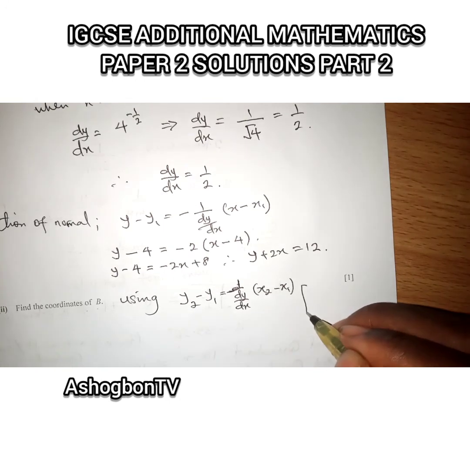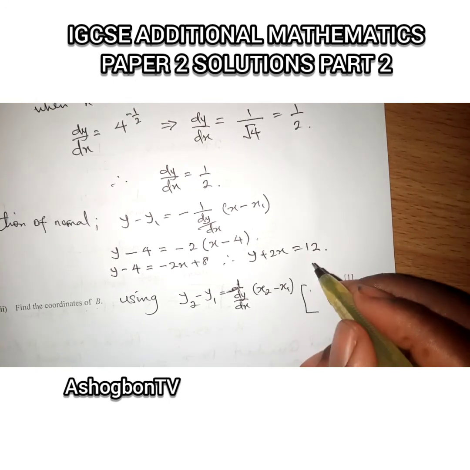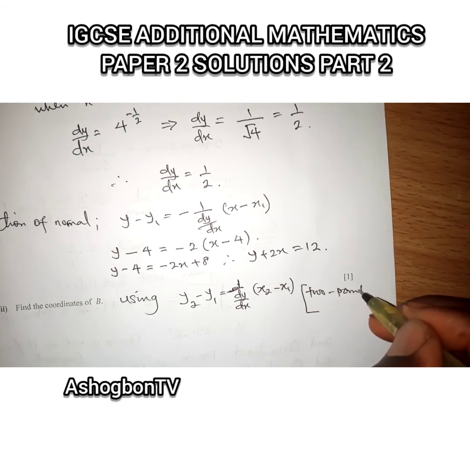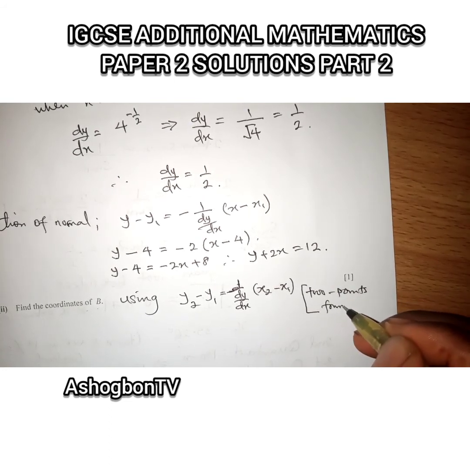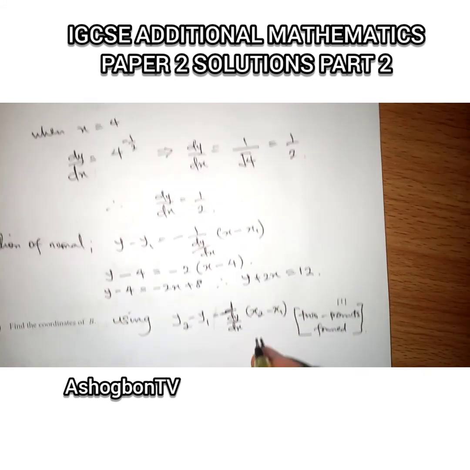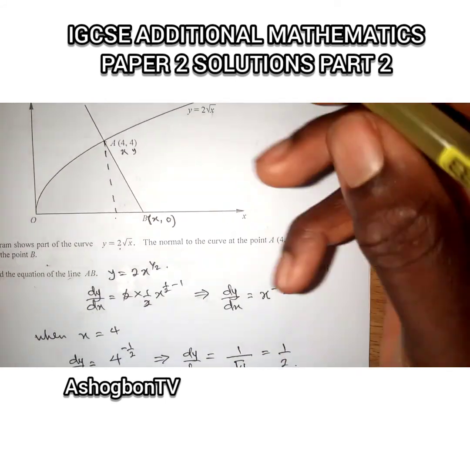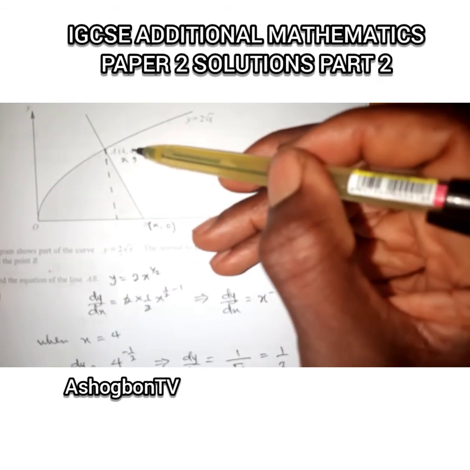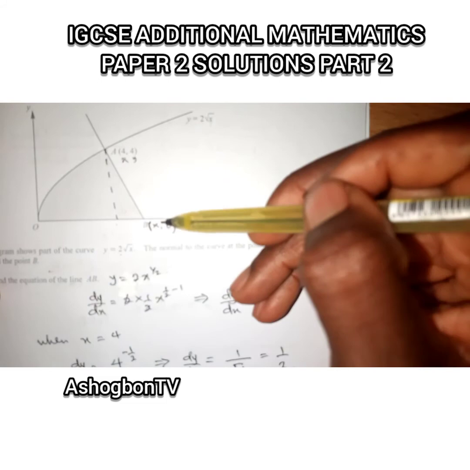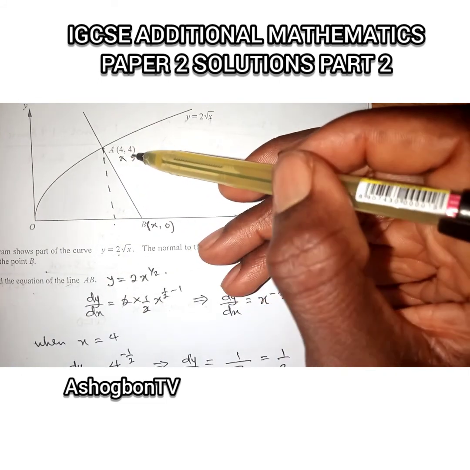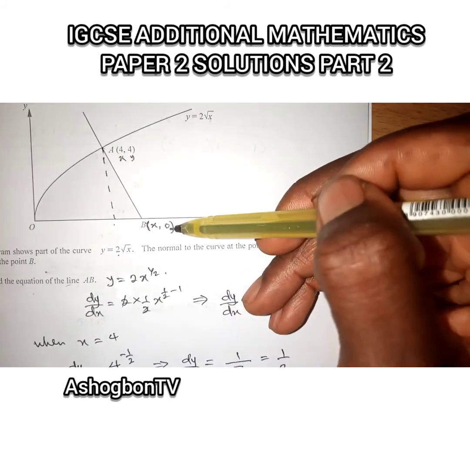This is what we call the two-point formula. So if that is the case, let's see how that will work for us. Going by what you have here, this is x1 y1, x2 y2. So your x1 is 4, y1 is 4, x2 is x, y2 is 0.